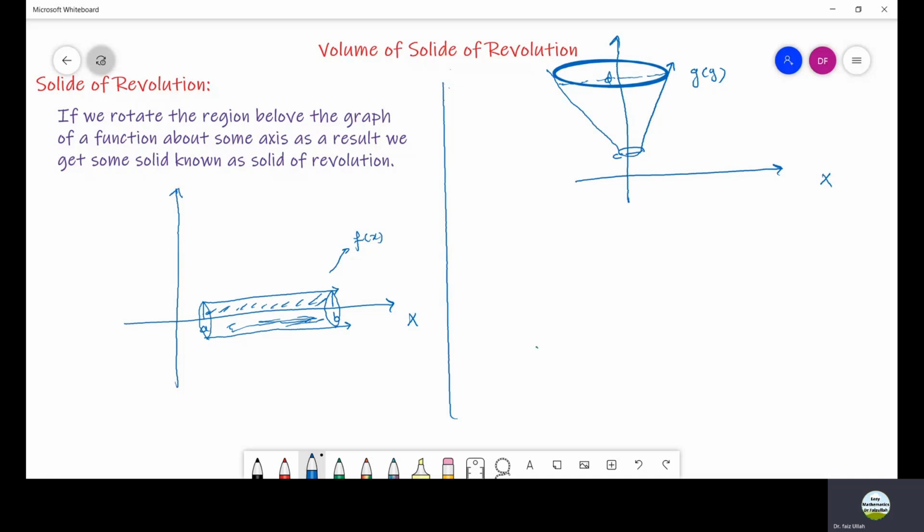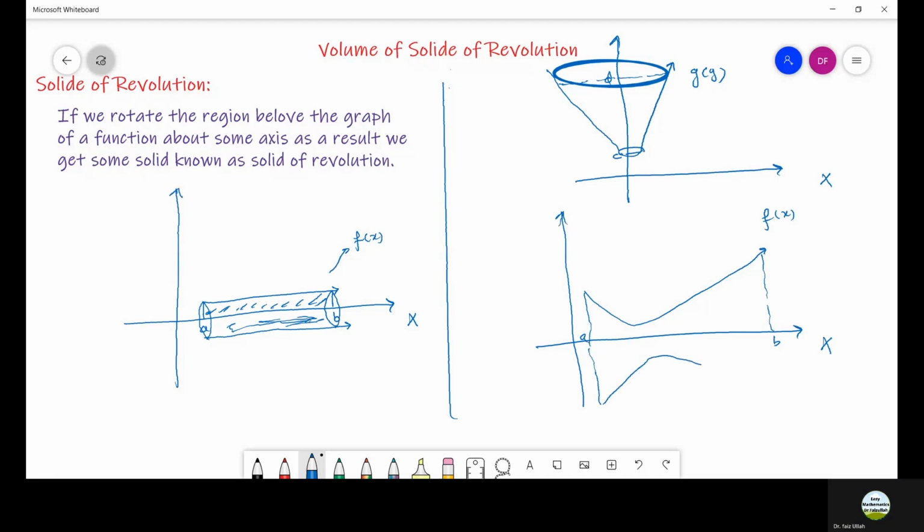Let us draw the graph of another function. So the graph of the function, let us say, is like this one. This is some function f of x. Now, if we rotate this region, let us say it is from x is equal to a to x is equal to b, about the x-axis.